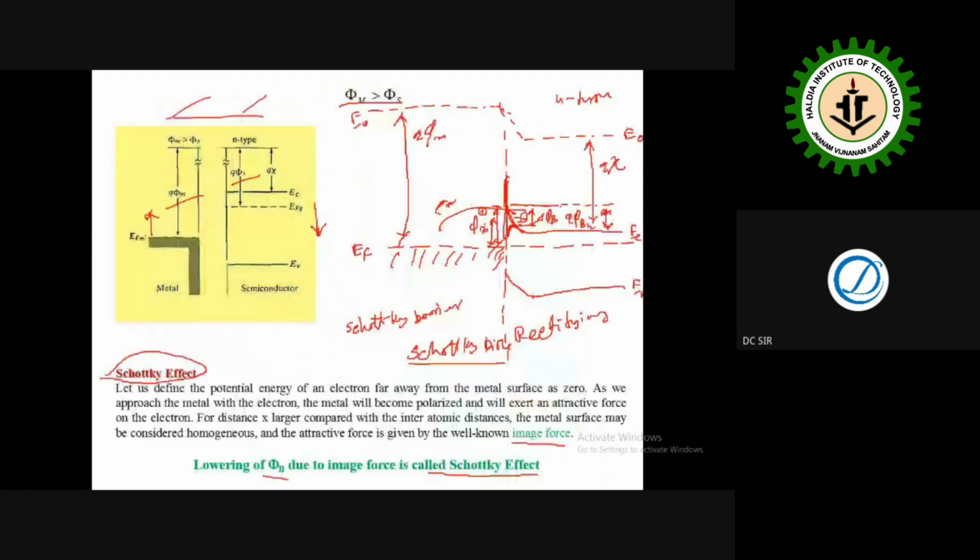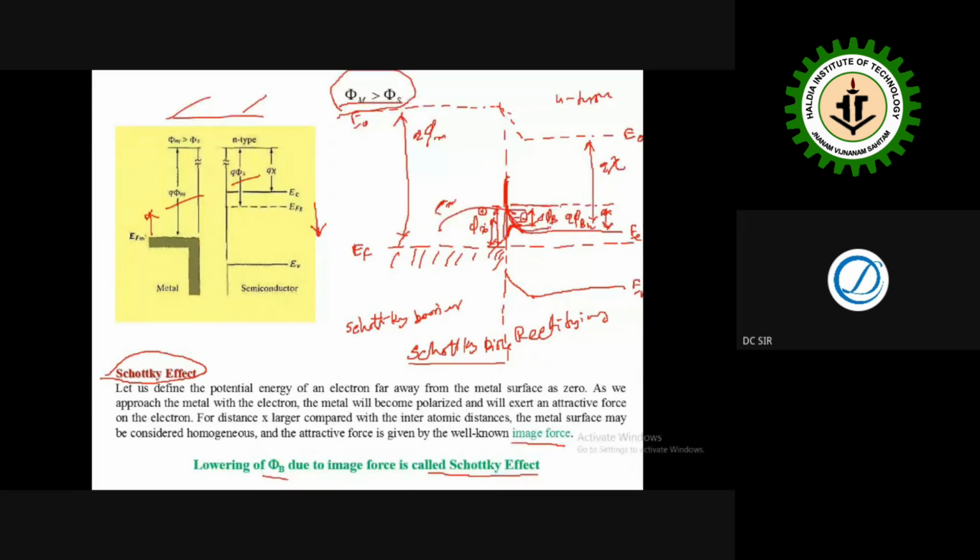Schottky barrier. So in case of metal and n-type semiconductor with phi m greater than phi s, according to the rules of the energy band diagram, there is a barrier.